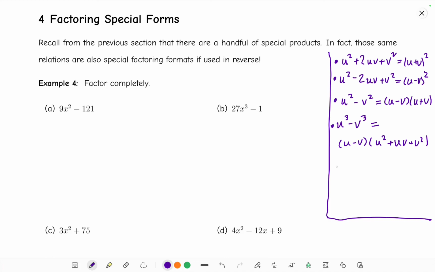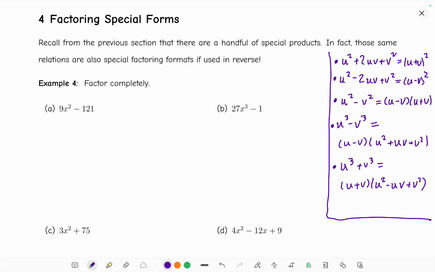And then finally, you had your sum of cubes, u cubed plus v cubed equaled (u plus v) times (u squared minus uv plus v squared). So we're going to be using these, and I wrote them in reverse order from how they were in the last section because that's the way we're going to be using them in this section.